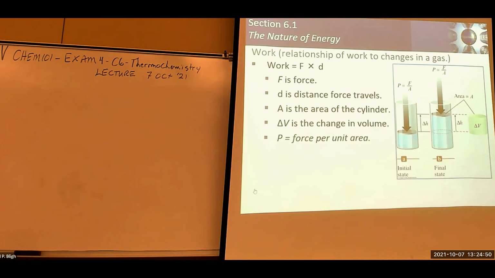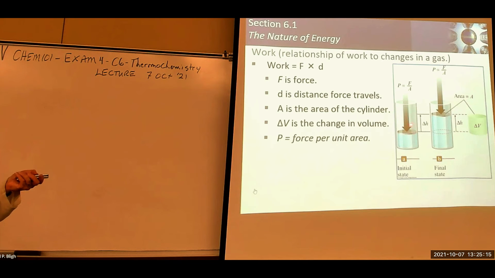Okay, so now we have an idea of heat transfer, but we need to get a handle on work on the system versus work by the system on its surroundings. And in this scenario, we have a gas that we allow to go from this state to this state.